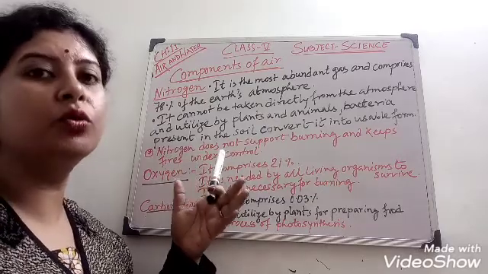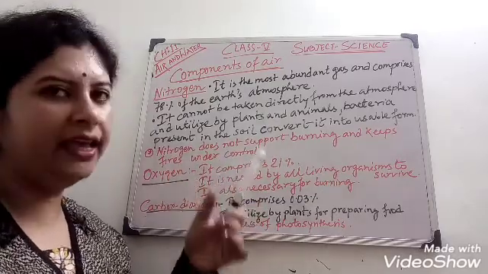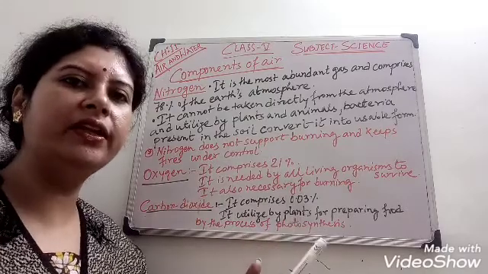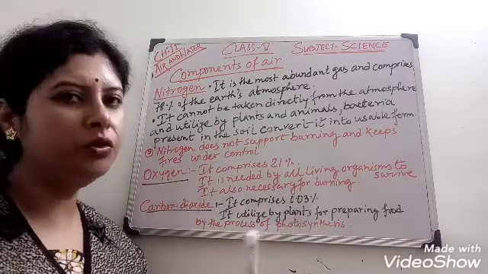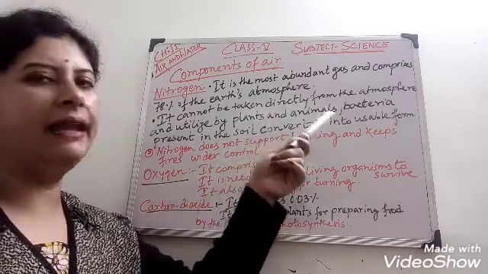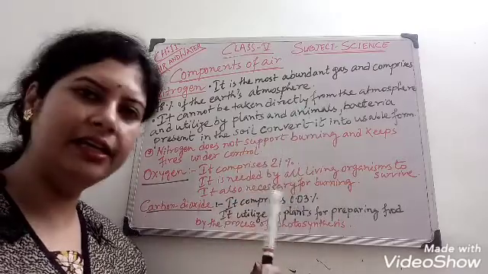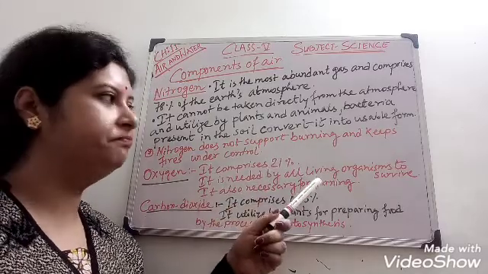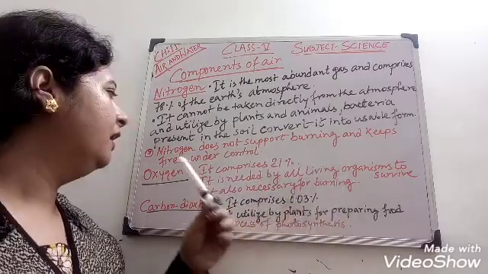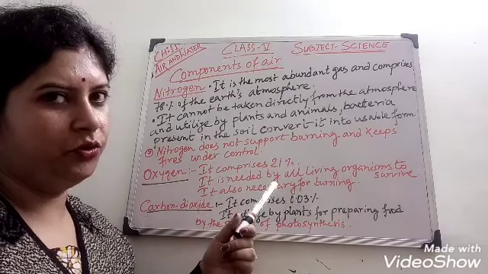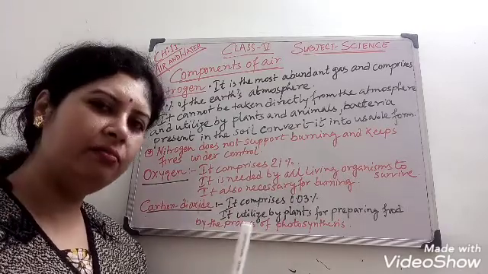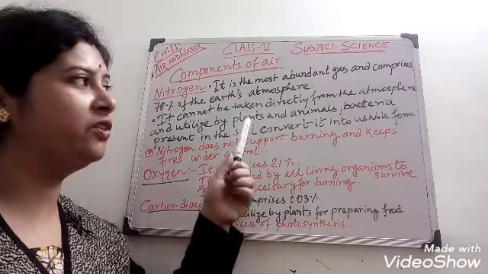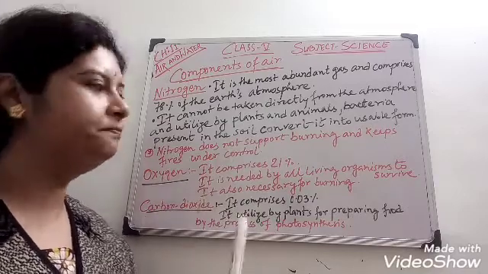The bacteria present in the soil convert this atmospheric nitrogen to a usable form for plants and animals. Clear? Next, nitrogen does not support burning, but it keeps fire under control. So now you can understand how nitrogen is helpful.